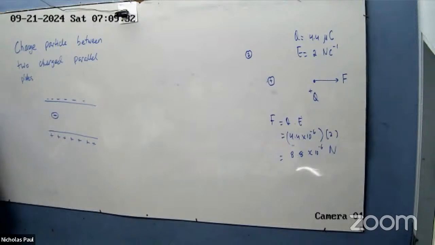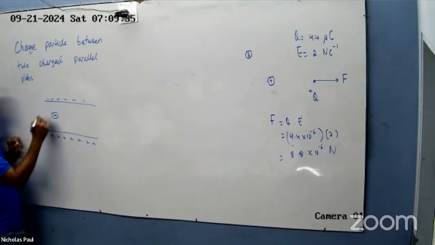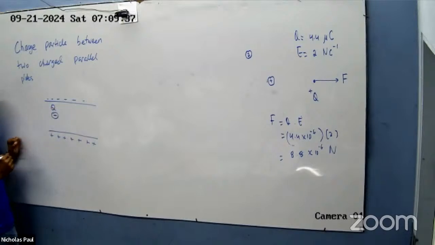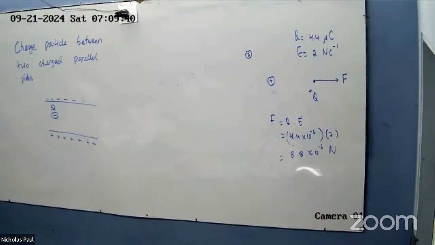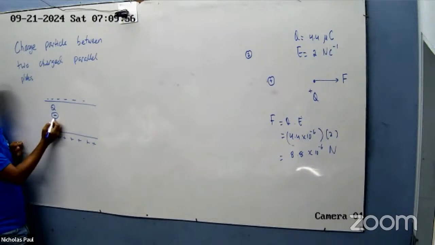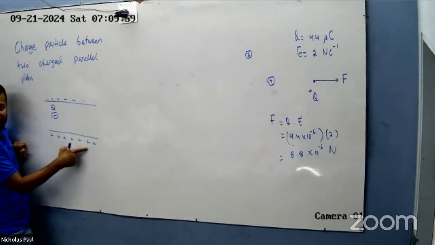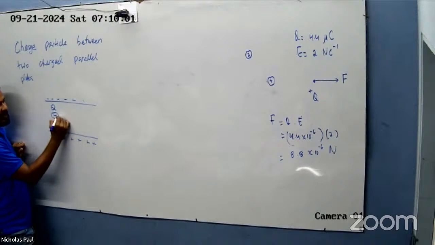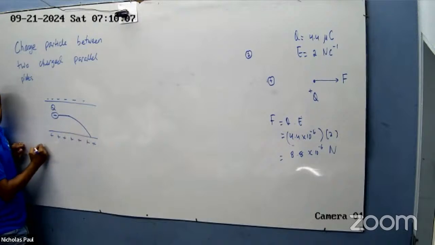Let's say I give you a negatively charged particle, charge Q, and we want to figure out the force exerted on that particle, its travel, and its acceleration. We know that this is negative, so it will be attracted to the positive side. So if it enters traveling like this, because it's attracted here, it will follow a path something like that.